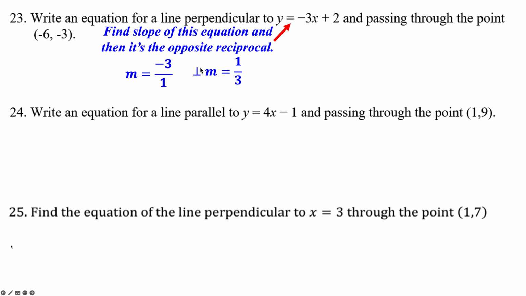So this upside down capital T next to the m means perpendicular slope to this slope. So we flipped it and changed the sign. So we need to use 1/3 for our slope and use this point. So we need point slope form. So y minus a negative 3, which would be y plus 3, equals 1/3 times x minus a negative 6, which is plus 6. There's the equation of my line.